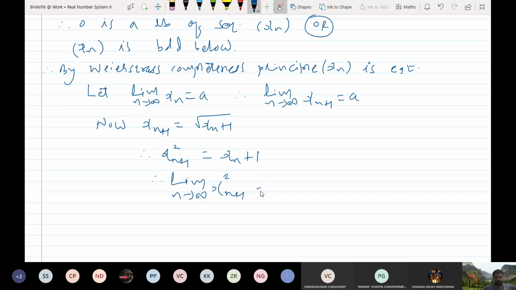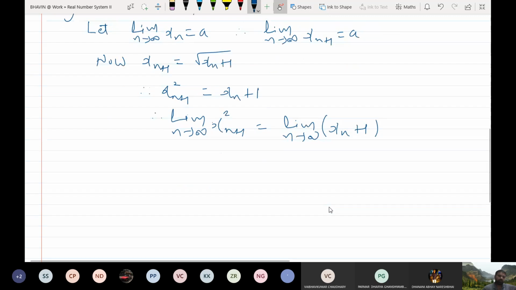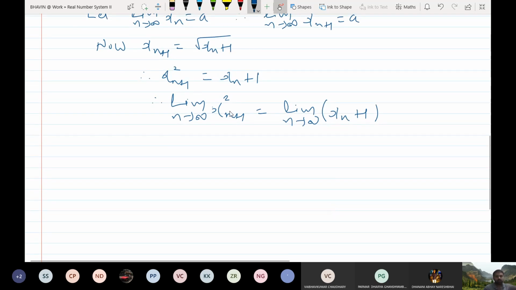Limit of xn plus 1 square is equal to limit of xn plus 1. Now what is the limit of xn plus 1? It is a. So this is nothing but a square, and this is a quadratic equation in a. So what is its value? Minus b plus or minus under root b square minus 4ac.